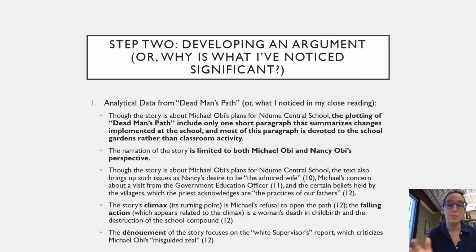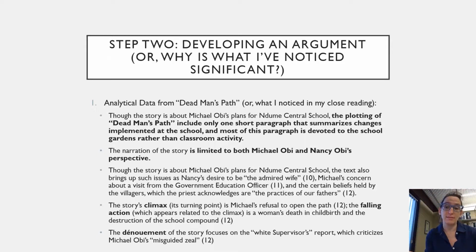So what did I come up with between the two slides? First, I looked at the difference between the basic story, what I think Dead Man's Path is about, and what actually happens in the plot, how Achebe builds this story via particular actions. I noticed there's a difference, because the story is about Michael Obi's plans for Ndume Central School.